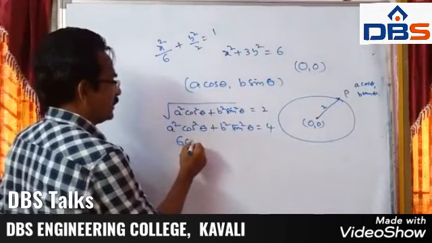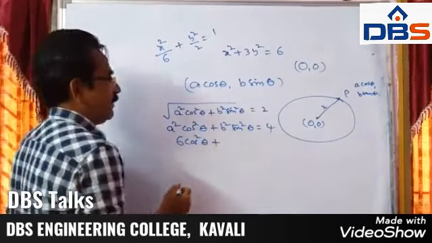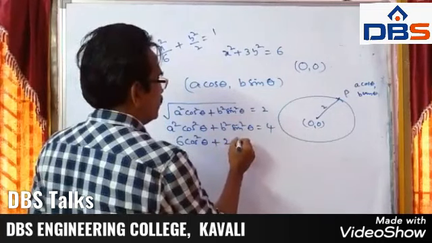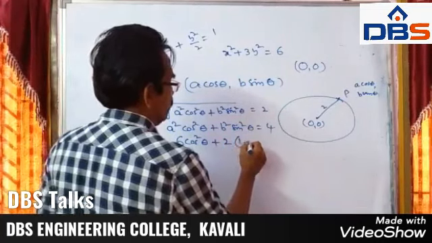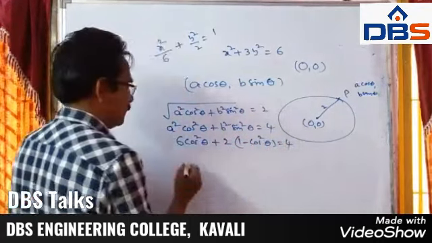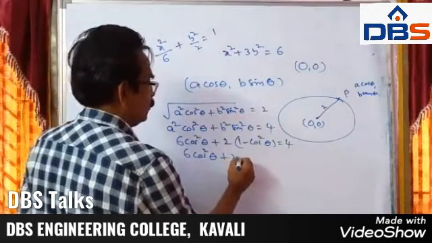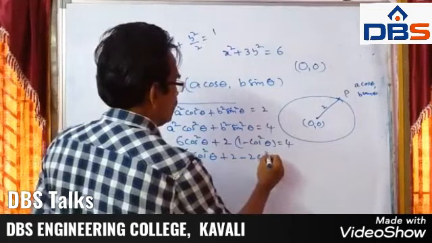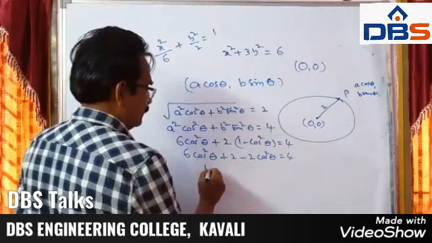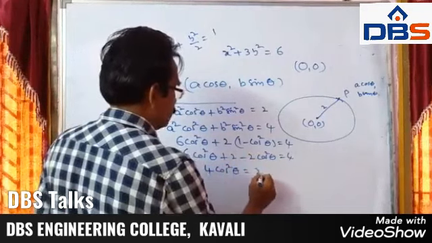So 6 cos square theta plus 2 into sin square theta, which is 1 minus cos square theta, is equal to 4. 6 cos square theta plus 2 minus 2 cos square theta is equal to 4. 4 cos square theta is equal to 4 minus 2, that is 2.